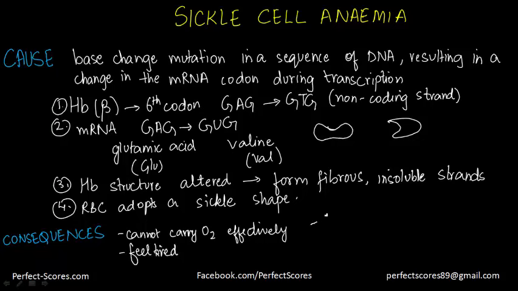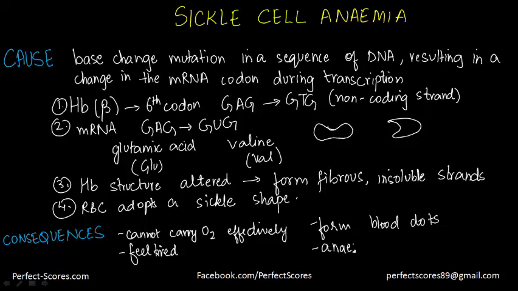Additionally, because of the sickle shape of the cell, these cells may accumulate in capillaries and form dangerous and fatal blood clots. And because of this, they can also block the supply to the vital organs and cause lots of health problems. And because of low red blood cells, it causes anemia.